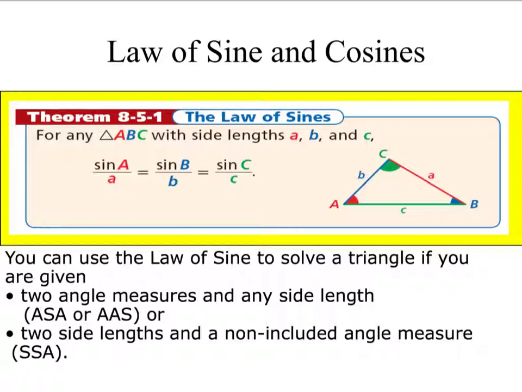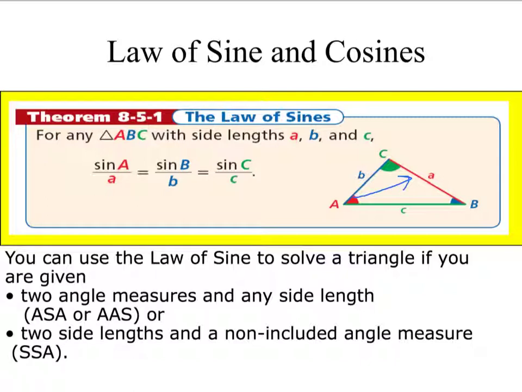All right, so if you look at this, it says for any triangle ABC, with the side lengths a, b, and c, notice you have sine A over a, sine B over b, sine C over c. Now, if I have the sine of A, it's always going to be over the opposite side.